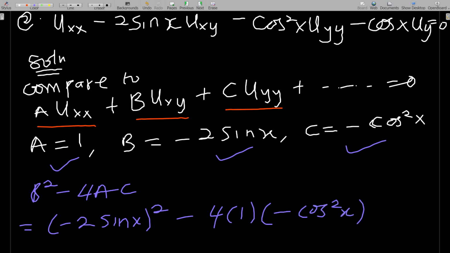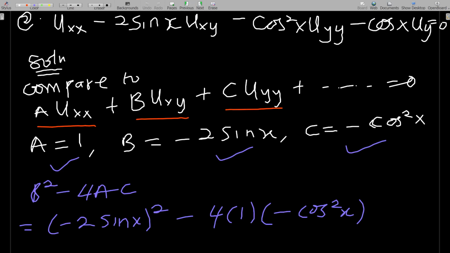x. So if I go ahead and simplify, I'll have 4 sin squared x, then is it minus or plus? I think it's plus, right? We are getting plus, because if you remember, here is minus and here is minus as well.